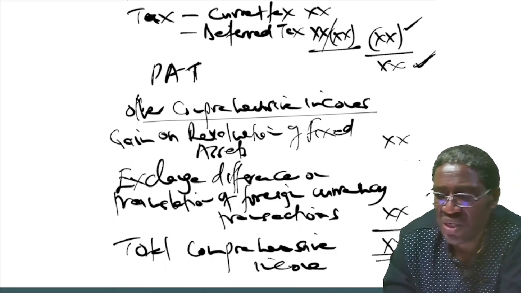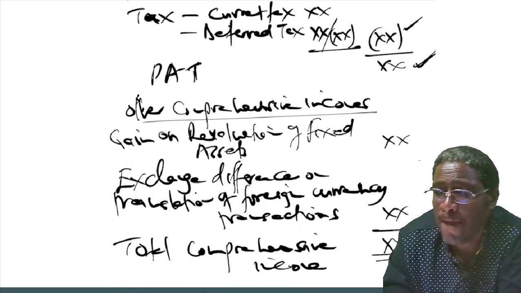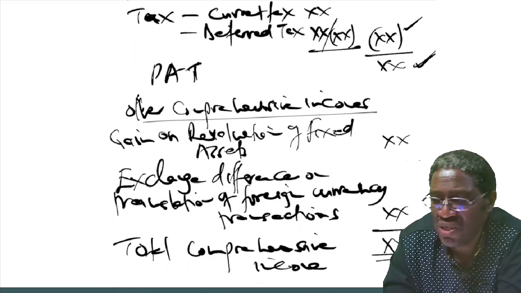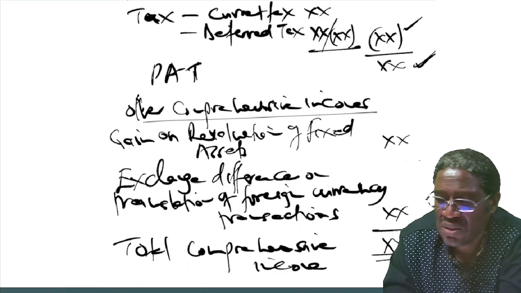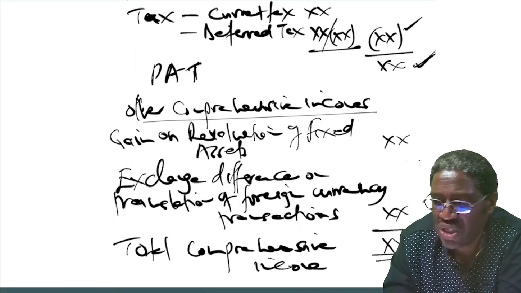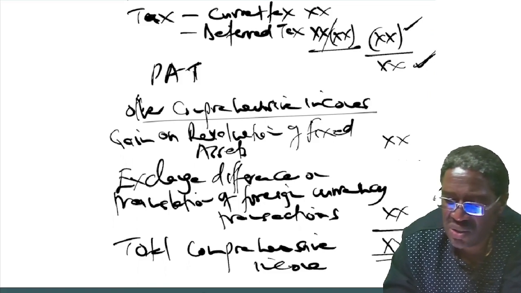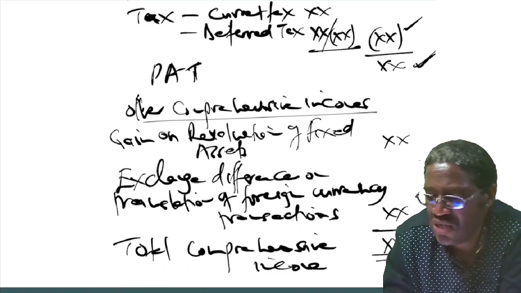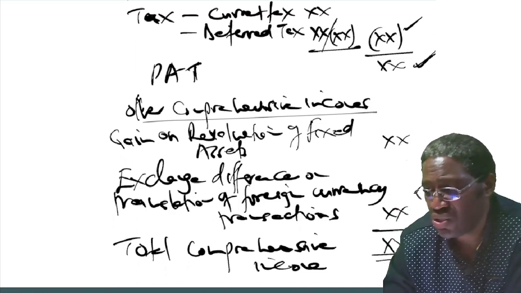We have given two examples of other comprehensive incomes, one of them being gain on revaluation of fixed assets. Next one was exchange difference on translation of foreign currency transactions.